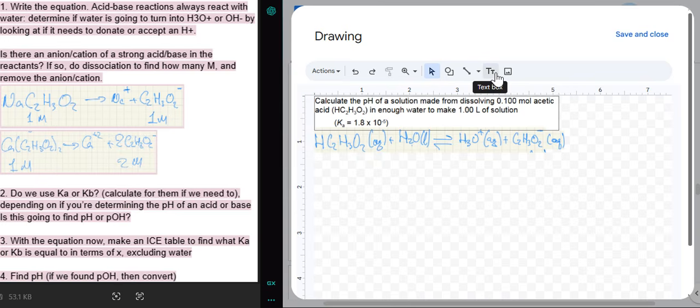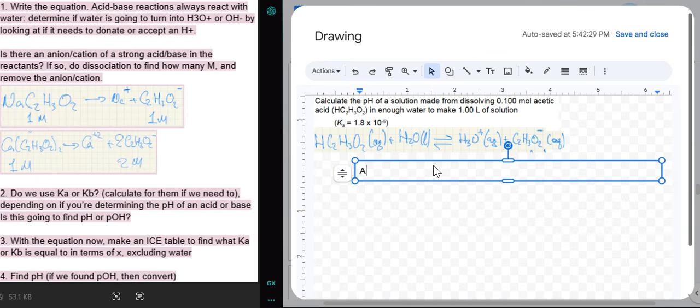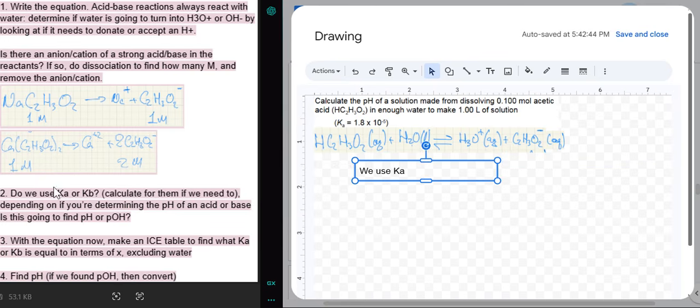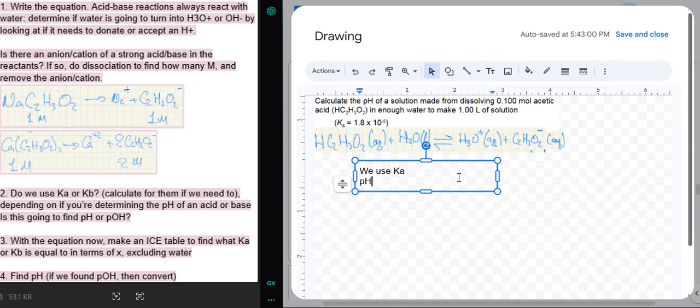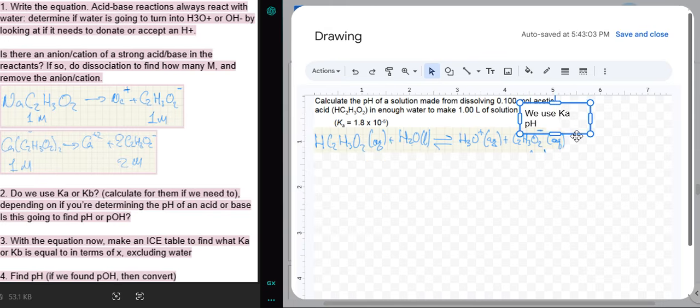So just label, if we're finding the pH of acid, we use Ka. So we use Ka. And is this going to find pH or pOH? It's going to find pH when we do the calculations, because it's acid. This is just to keep in mind of. I'll put this here.